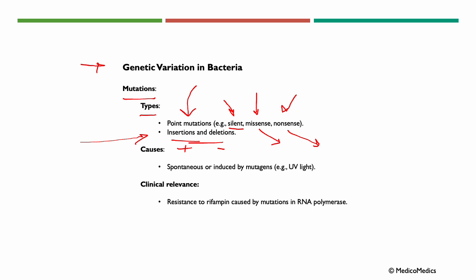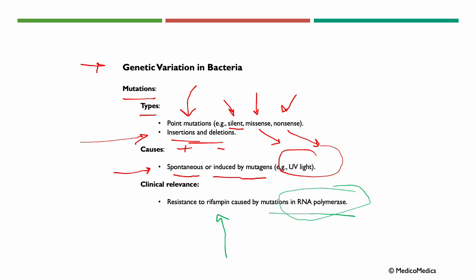And causes of these changes could be spontaneous or induced by mutagens like UV light. For example, resistance to rifampin is caused by mutations in RNA polymerase.